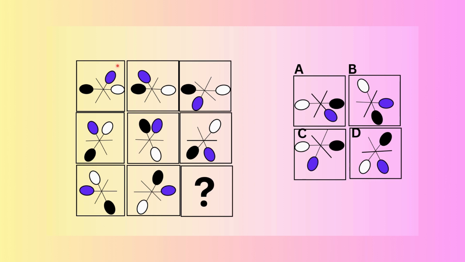If you see, this one is like 1 o'clock, and in this column this one is like 11 o'clock, and this one is 9 o'clock, so it's going backward 2 hours every time. So it's going in an anti-clockwise direction, that way.